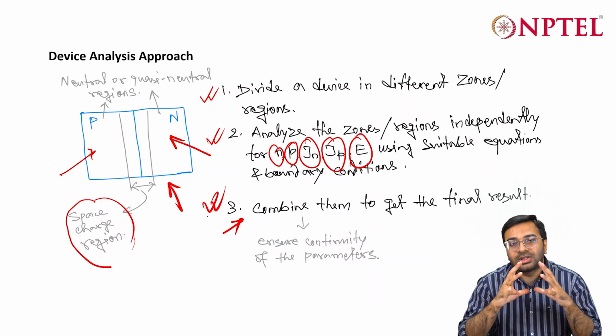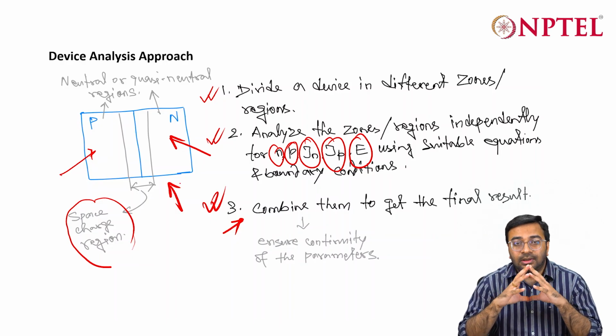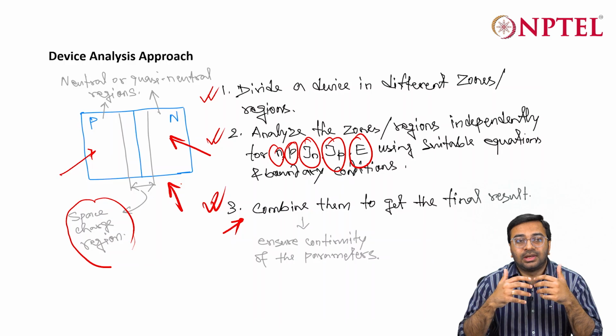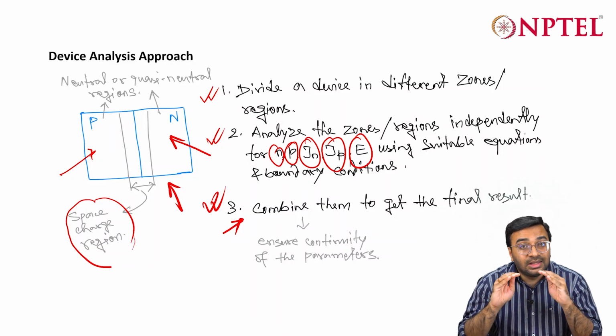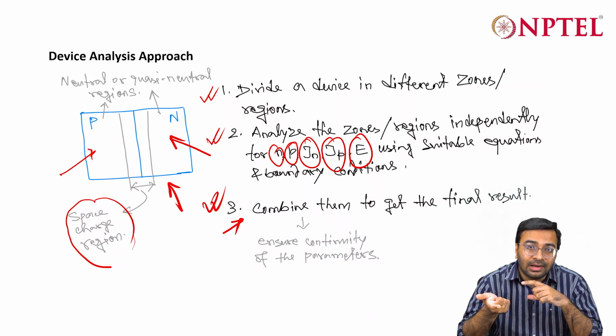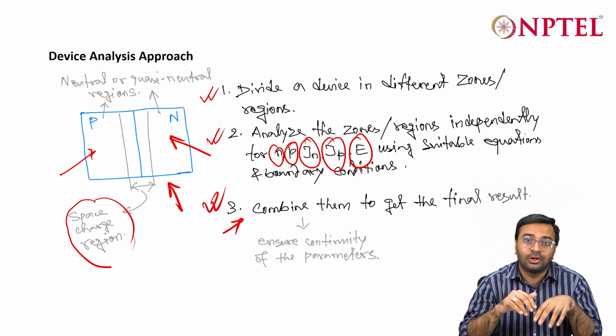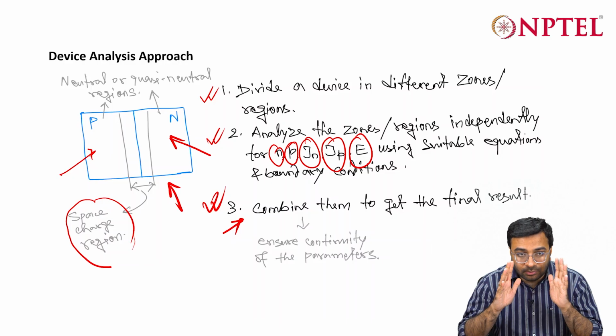All these approximations you need to remember when we explain the working of a particular device, because these approximations in some cases may not be valid. If you develop a sensor, there is a possibility that these approximations will not be valid, and then you have to bring that into your analysis in order to get a correct explanation or correct expression.